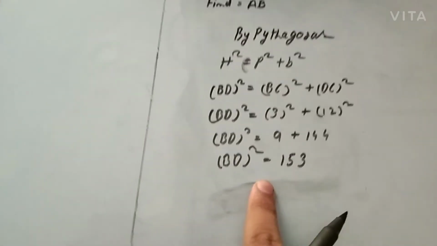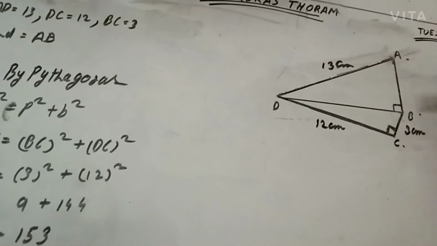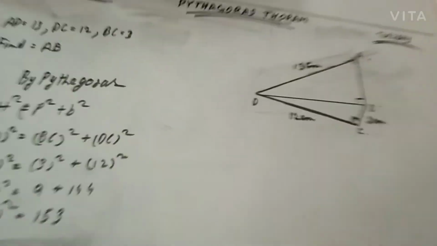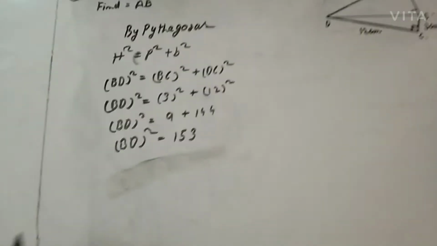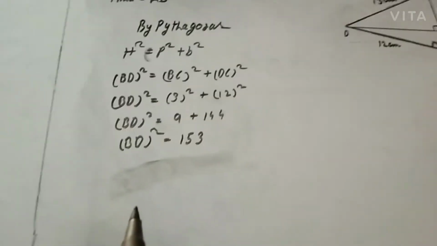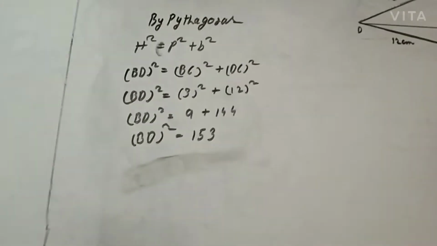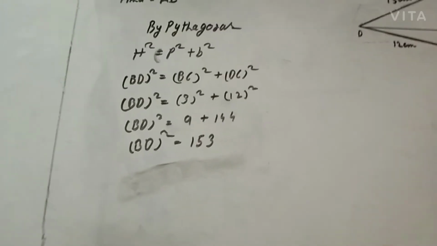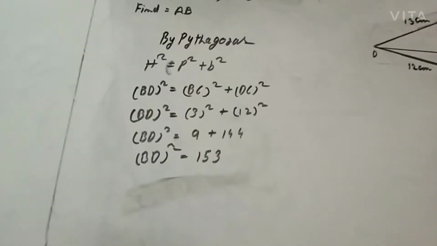But we can't use that answer because we still have to find the length AB. So what will we do? Let me show you friends how we will do this sum more accurately.